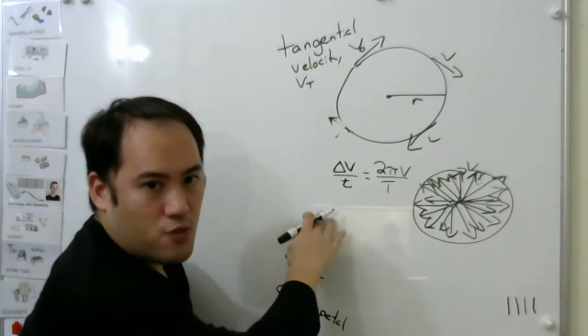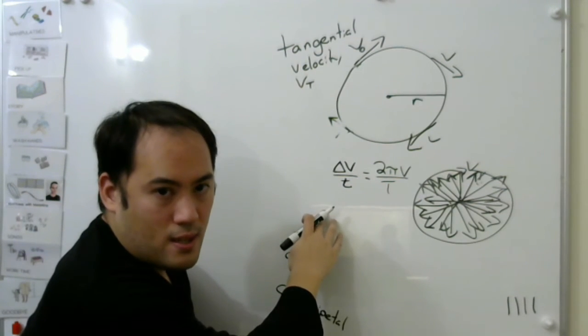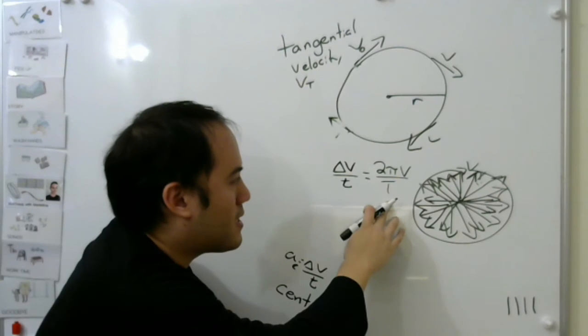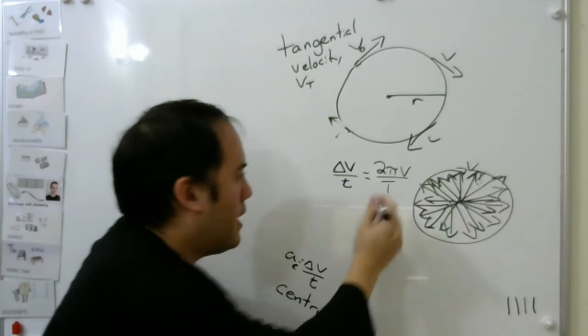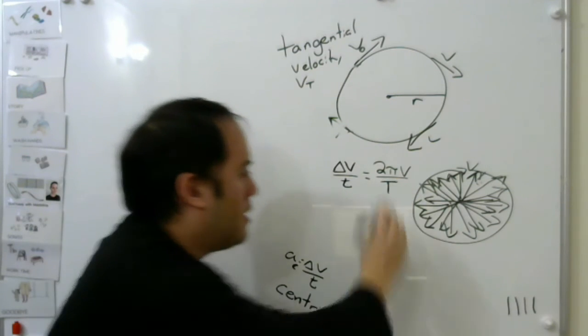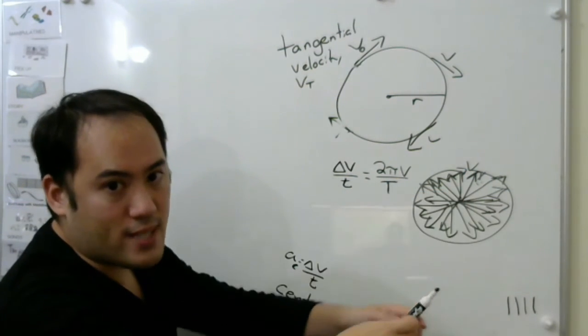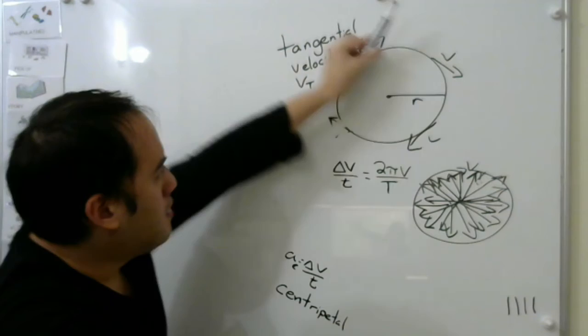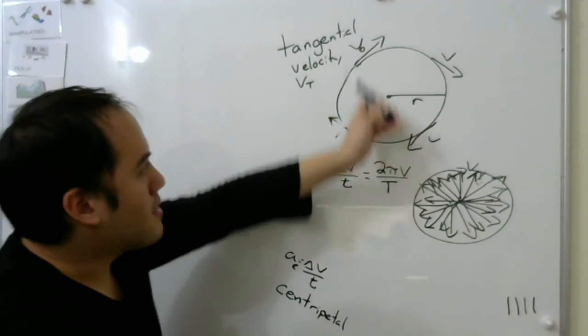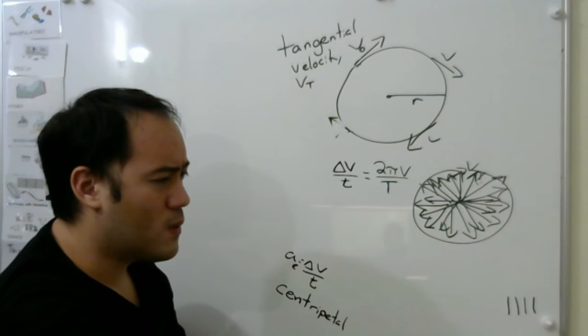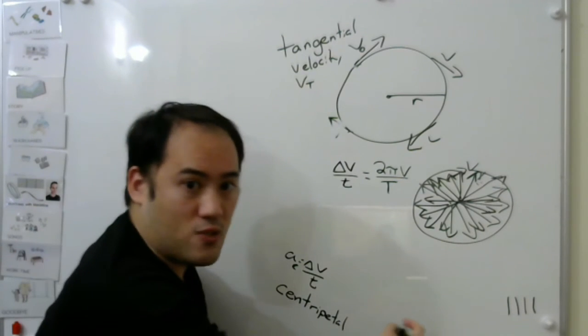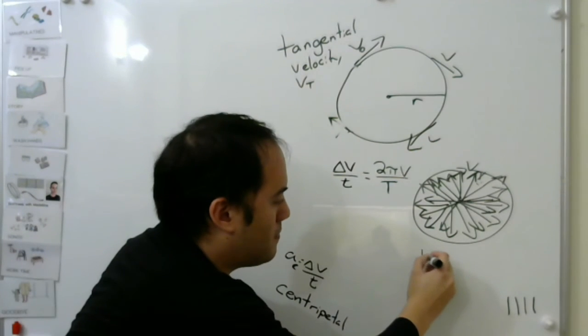So this is the formula for centripetal acceleration, but we don't like this t. This is the period of time. How much time does it take the v vector to make that full circle? Well, it's the same amount of time it takes the object to make a full circle. Well, what's that time? We saw this formula before.